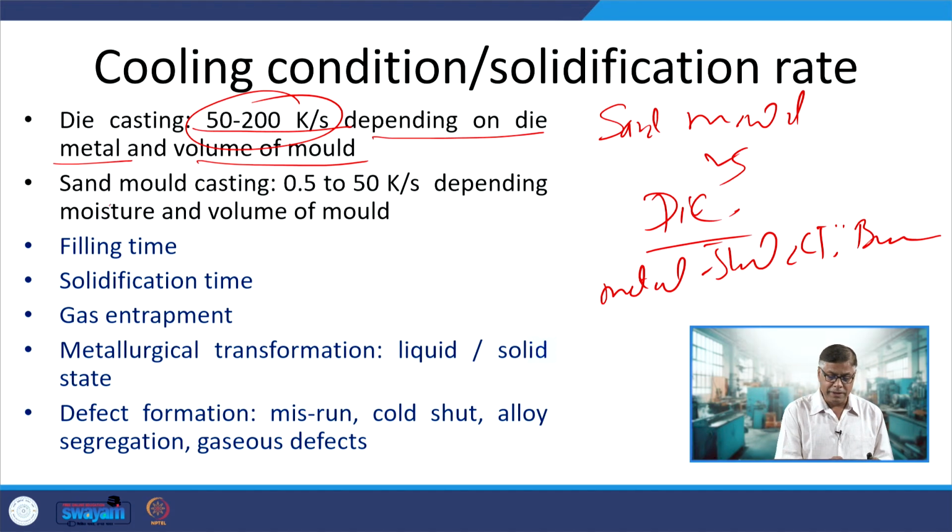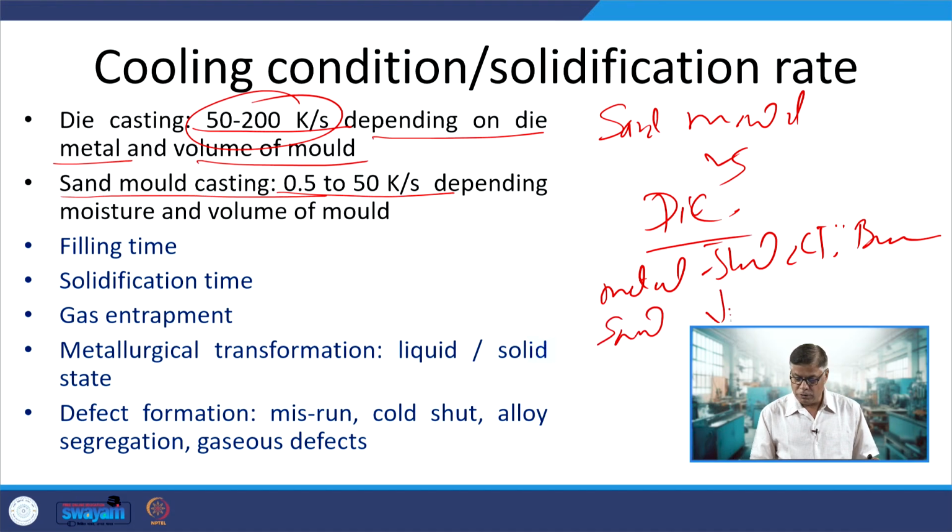Okay. So, this another aspect is the sand mold casting. So, here the cooling rate experienced again like say 0.5 to the 50 K per second. Since the sand mold is of the lower thermal activity, it dissipates the heat slowly, and that is why very low cooling rate is observed during the sand mold casting.